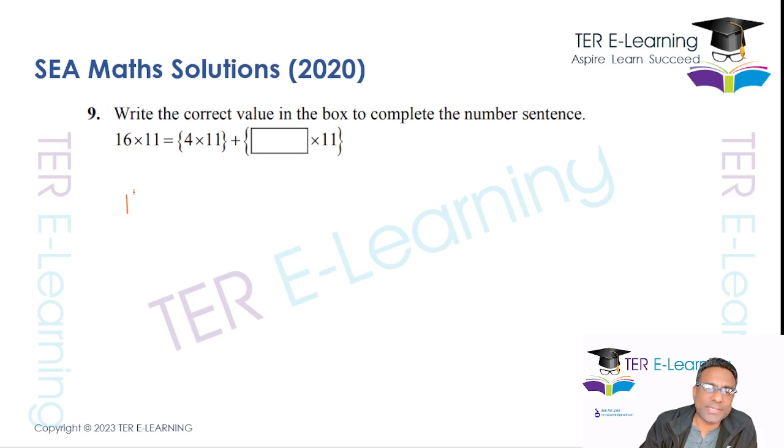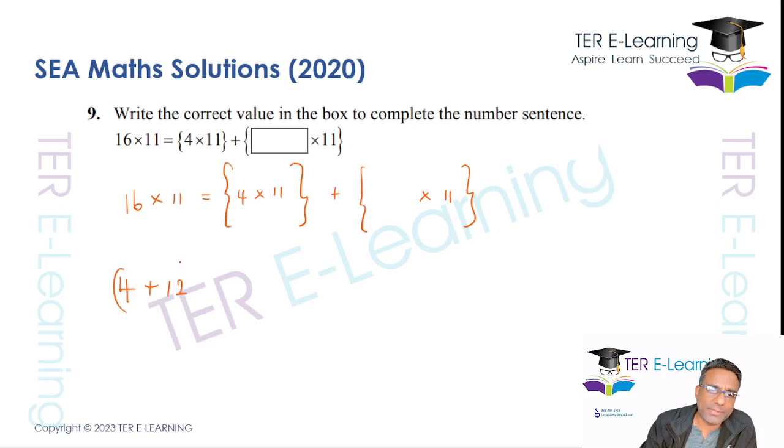Question 9 here, we have the distributive law. In this case, we have 16 multiplied by 11 is equal to 4 multiplied by 11, plus something in the box multiplied by 11. What we can do is break up the 16 into 4 plus 12, multiplied by 11.